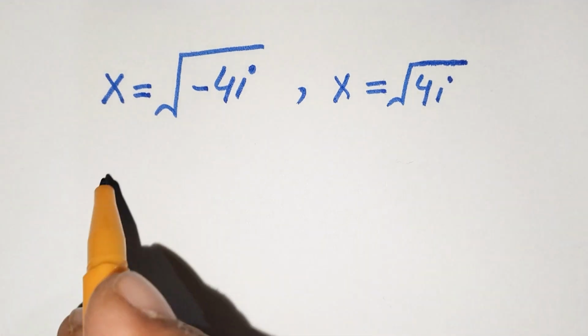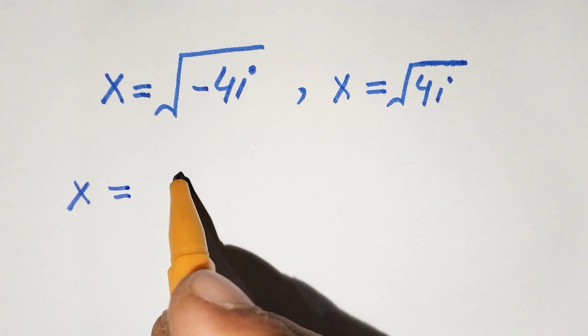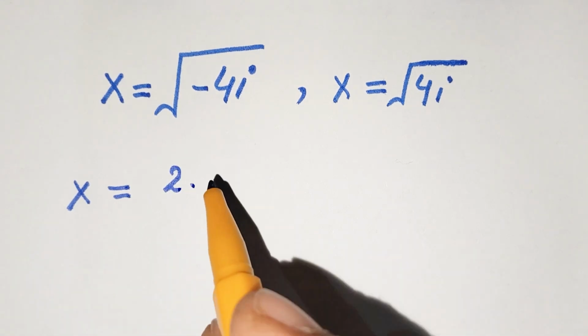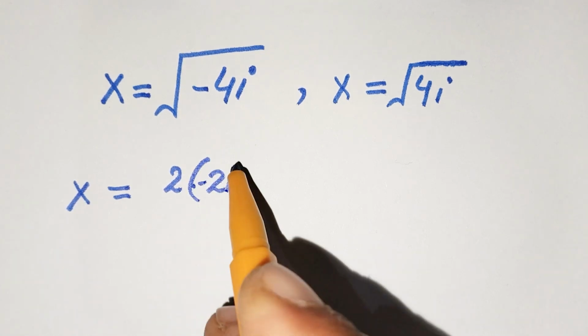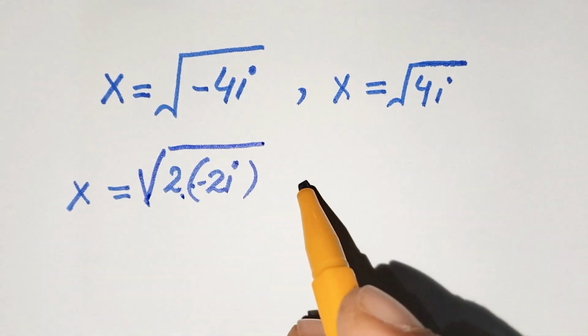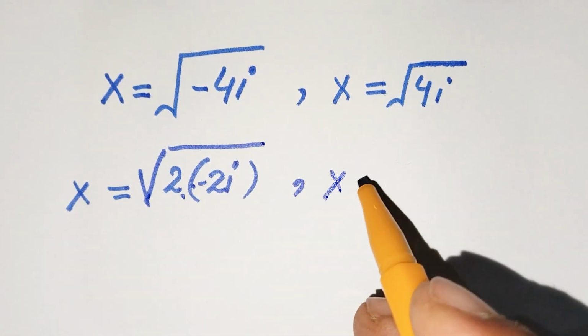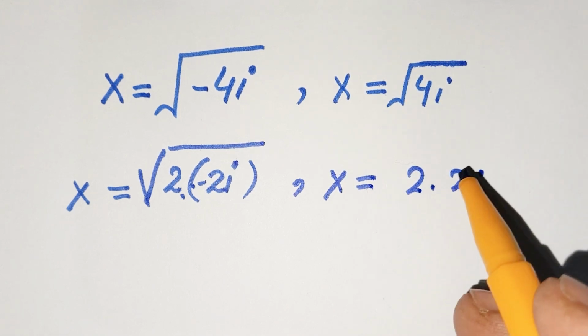So here x can be written as the square root of 2 times minus 2i, and it can also be written as the square root of 2 times 2i.